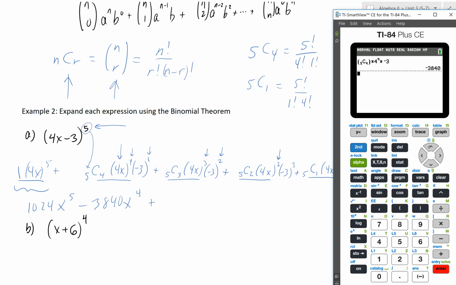And then we can just go up and grab that expression and make changes to it. So this time it's going to be 5 choose 3, 4 to the third power, and negative 3 to the second power.